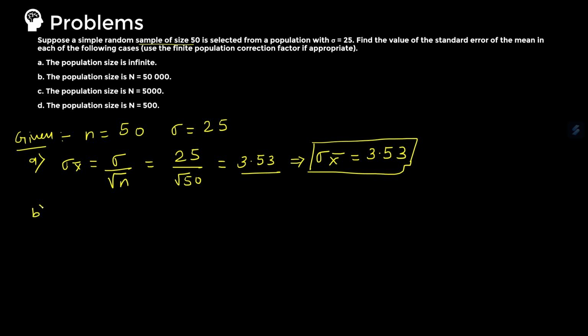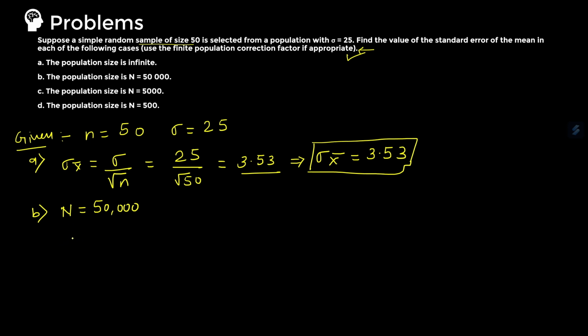Alright, next. So in the second scenario, the population size is given, so capital N as 50,000. Now the question has also given us a hint which says use population correction factor if appropriate.